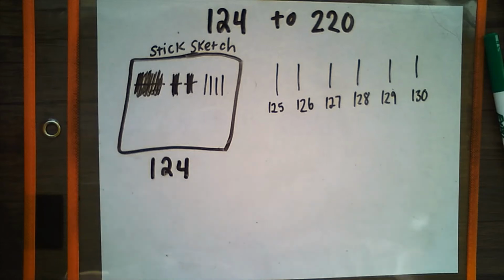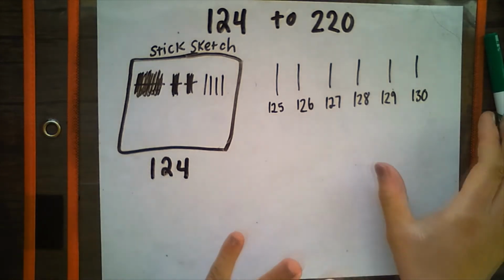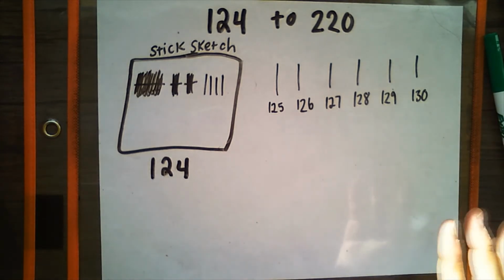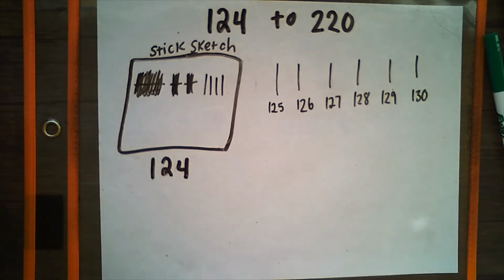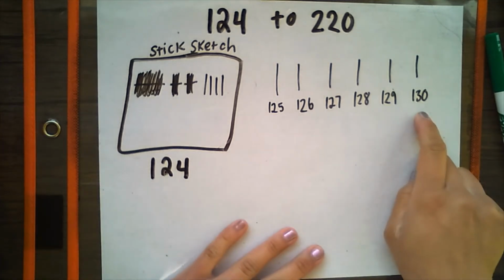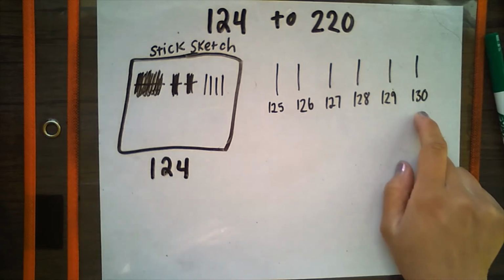Now the reason why I chose to use 1s to get all the way up to 130 is basically because it's a good idea, and this is what we were talking about earlier. A number like 130 is very easy to remember, and from 130 I can easily skip count by our tens to get to 220. We call 130 a benchmark number.